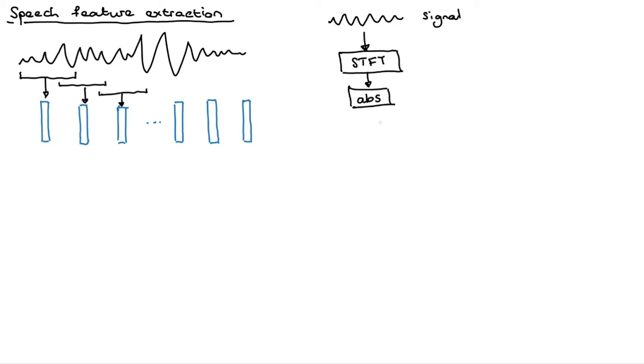Okay, and then we push that through a filter bank, and the filter bank is spaced on the Mel scale. Okay, there are these little triangular filters which are close together when they start out, and then they get progressively further apart according to the Mel scale.